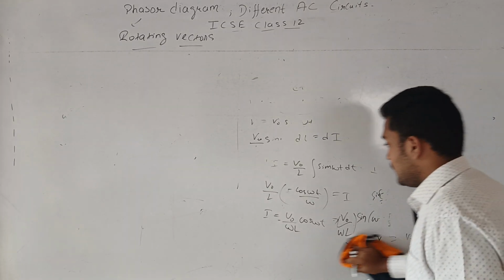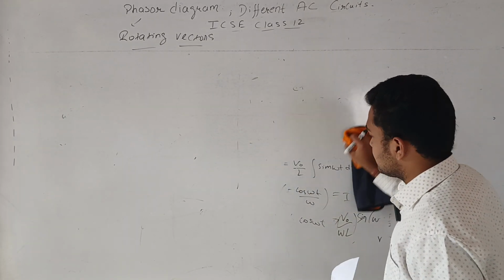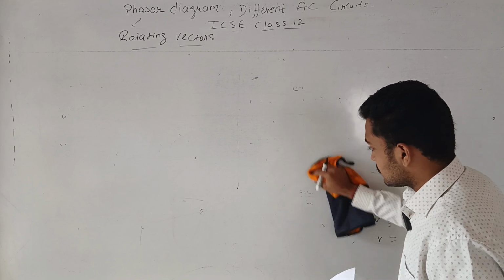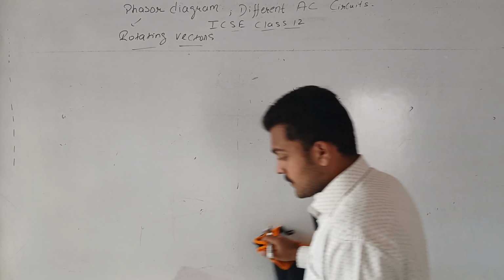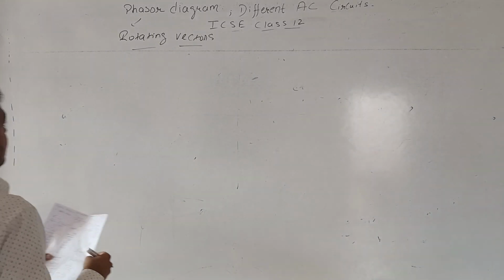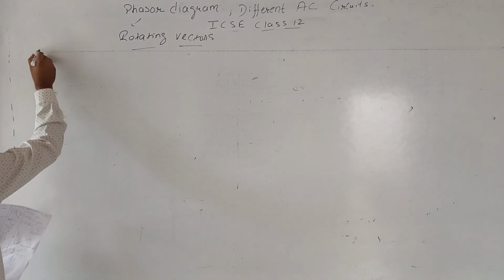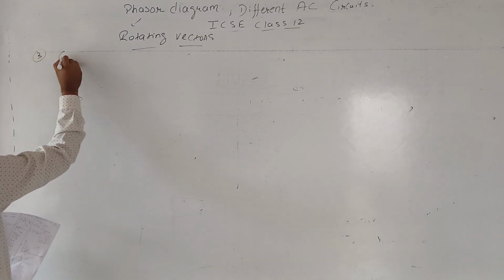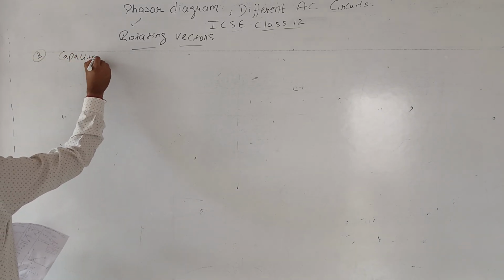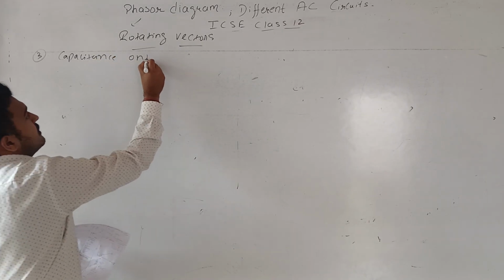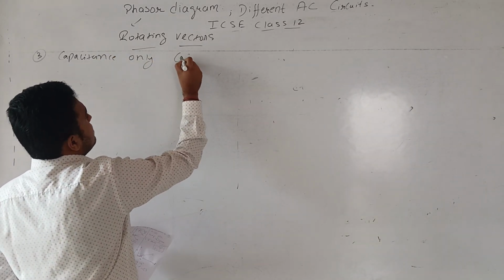Only a capacitor is there in the circuit. Third, the capacitance only circuit, a circuit having only capacitance.